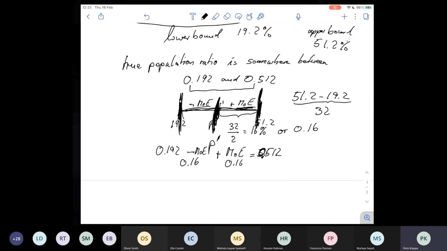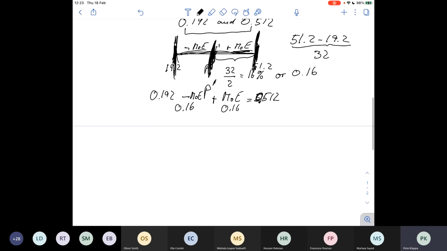Can very easily calculate the margin of error. We just take the difference, find the middle, and calculate this bit. And in this case, this is 16%. So this would be the answer for the question, what is the margin of error?